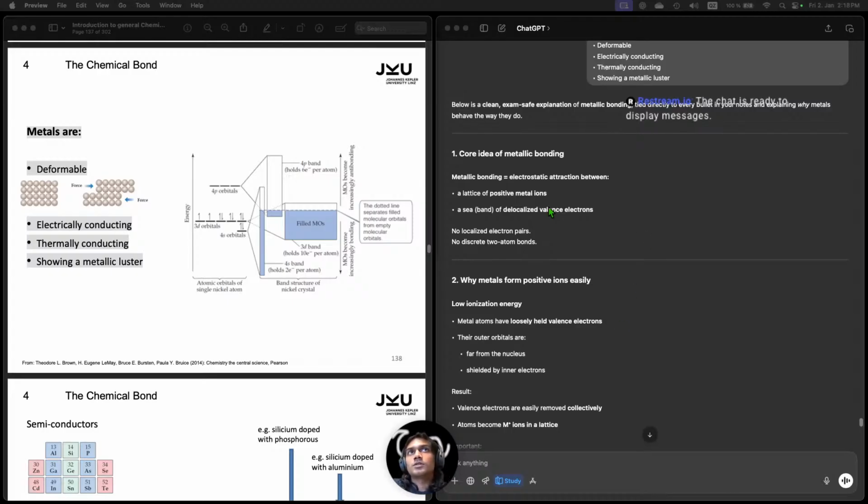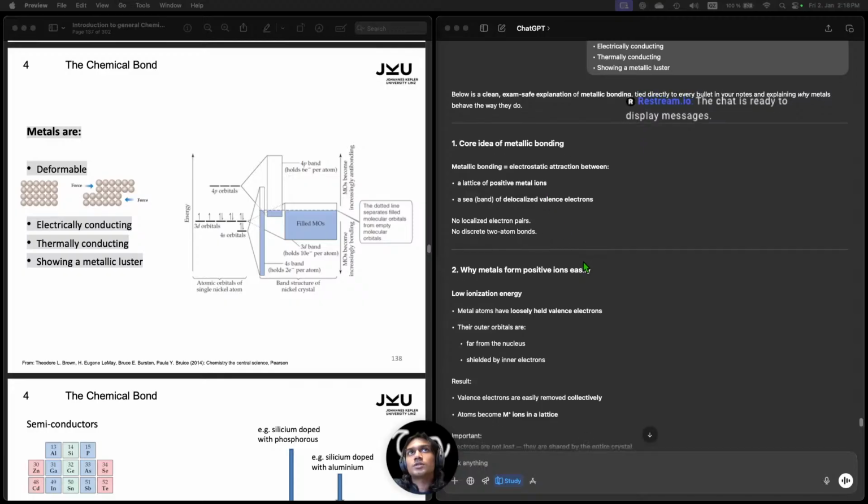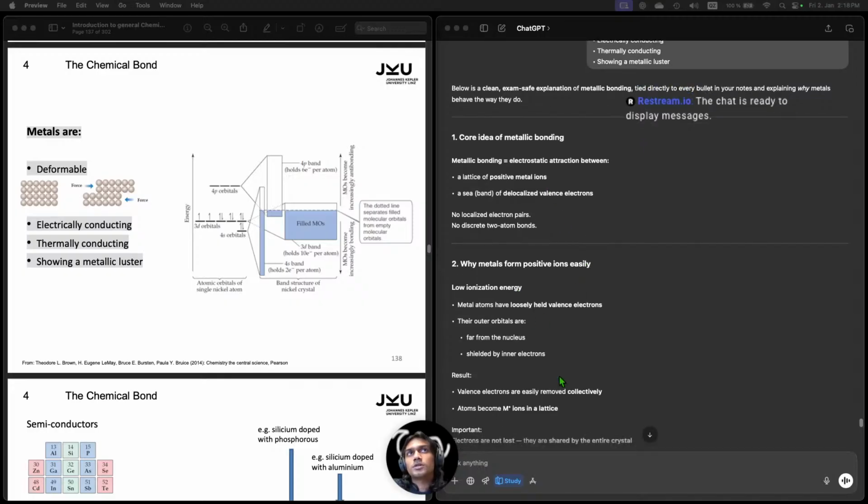Metallic bonding equals electrostatic attraction. That is why metals form positive ions easily: low ionization energy. Metal atoms have loosely held valence electrons; their outer orbitals are far from the nucleus, shielded by inner electrons.